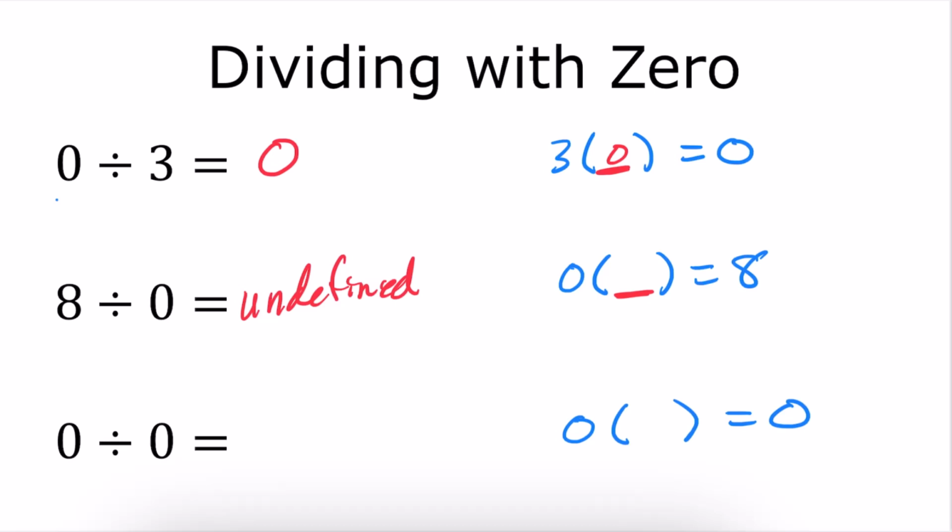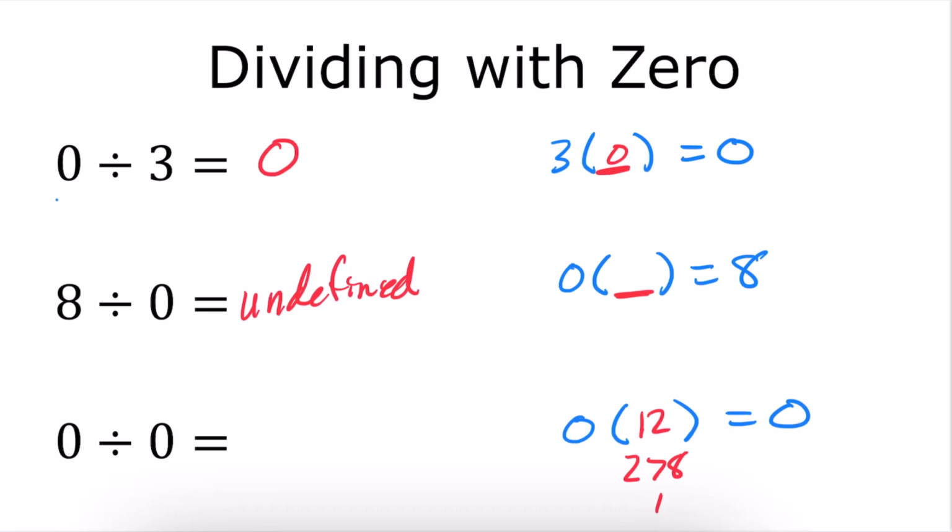However, if you do 0 times what equals 0, this one has an infinite number of answers because 0 times 12 equals 0, but you could also have 0 times 278 or 0 times 1. There's actually an infinite number of numbers you could multiply by 0 to get 0.